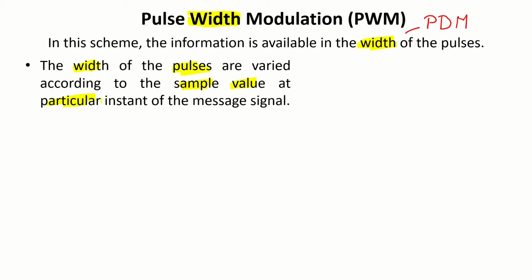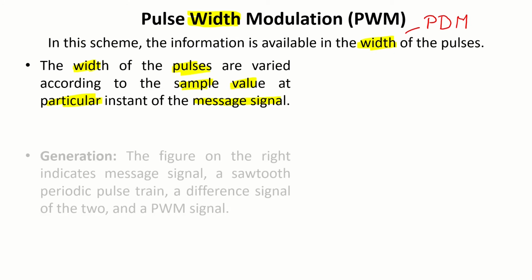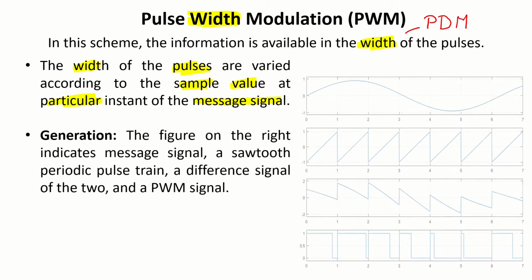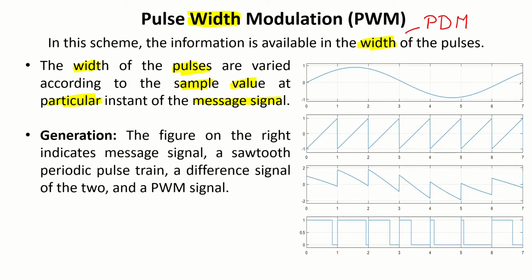of the message signal. Now when it comes to the generation of PWM, consider that this is our message signal M of t, which is expressed over here, and then we have a sawtooth periodic signal. So let us call this signal, which is a sawtooth periodic signal, S of t.